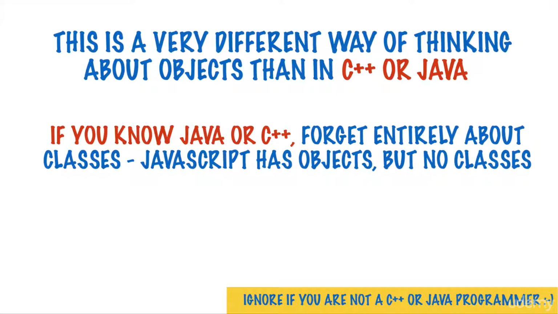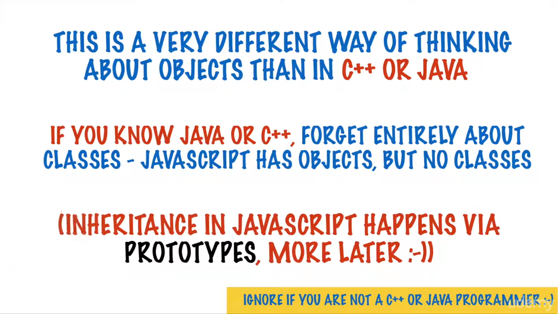JavaScript has objects but no classes. Interestingly enough, JavaScript does have some kind of concept of inheritance. However, it happens via prototypes. There's not an inbuilt class which supports inheritance. JavaScript objects are nothing like C++ or Java objects.